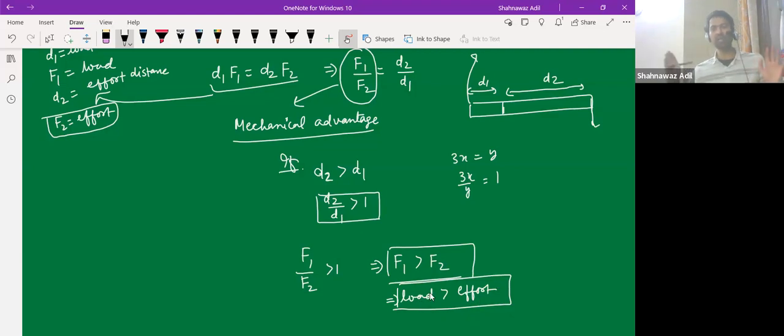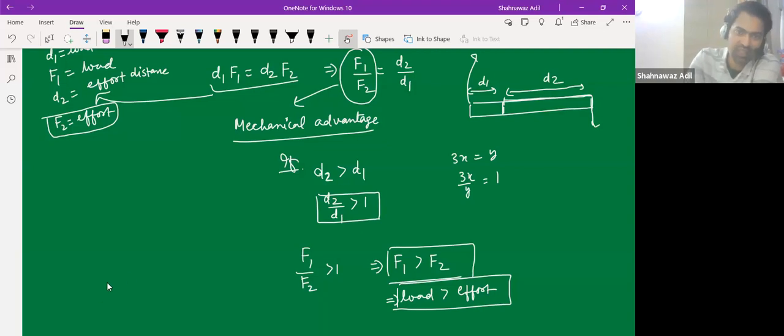Whenever you are in the park and you are taking your younger sisters or brothers, you keep a longer distance on the seesaw, and then you have to apply minimum effort, right? This is the idea, guys. And then you can increase the mechanical advantage.